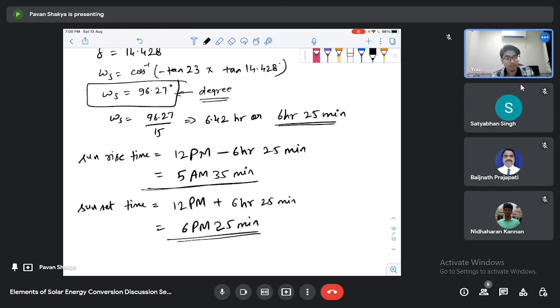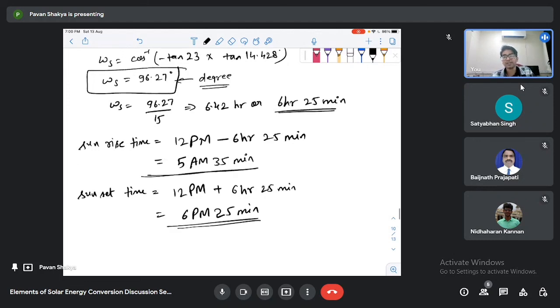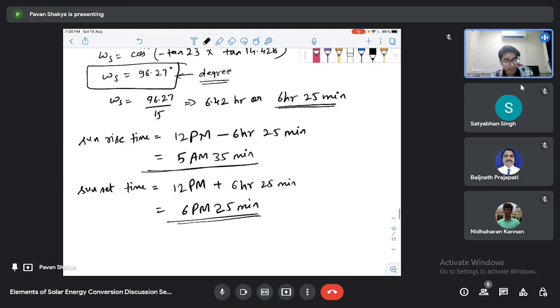And if someone asks you to calculate the day length, you can directly calculate it by 2 omega s. Since omega s is in terms of hour, it comes out to be 12.84 hour. Or you can calculate the time between 5 a.m. 35 minutes and 6 p.m. 25 minutes.